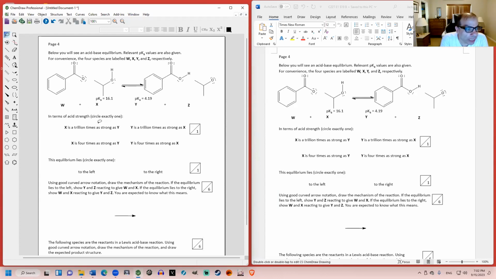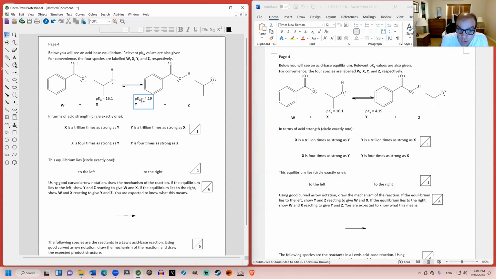Now, in terms of acid strength, let's compare these two pKa values. We already know that the lower pKa is the stronger acid. But another thing you need to know is that the pKa scale is logarithmic because it's minus log of the equilibrium constant. That means that every unit of movement in the pKa scale represents a factor of 10. So this acid is not 4 times as strong as this one. It's 10 to the 12th times as strong.